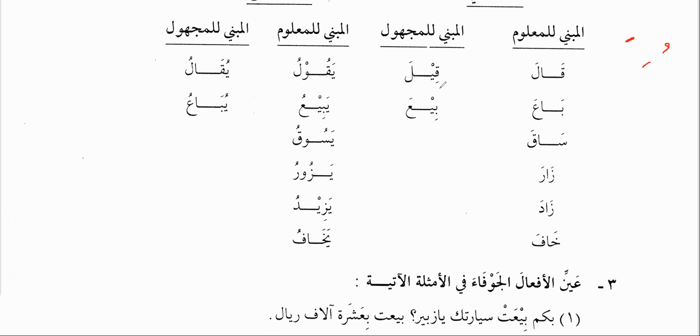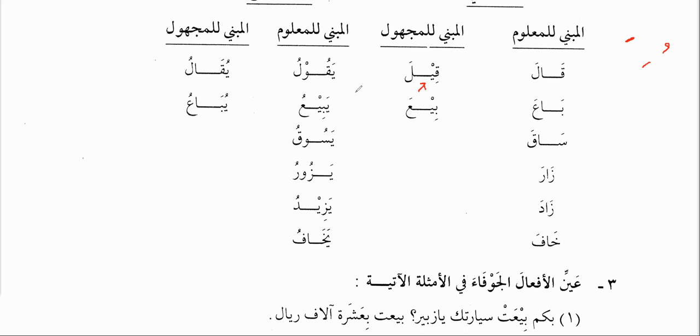Why does it have a kasra on the first letter? It's because of this letter ya. This ya is forcing the previous letter to take a kasra. As you know, ya goes along with kasra, alif goes along with fatha, and waw goes along with dhamma on the previous letter. So that's why it's qila.